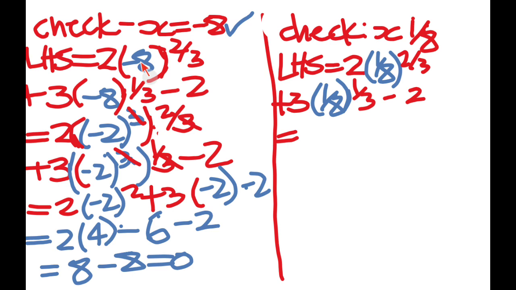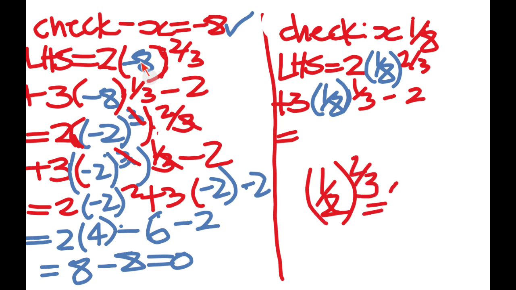And that is equal to, okay, 1 over 8 all to the power of 2 over 3 is equal to 2 to the power of negative 3 all to the power of 2 over 3, and the 3's cancel, and you're left with 2 to the power of negative 2.